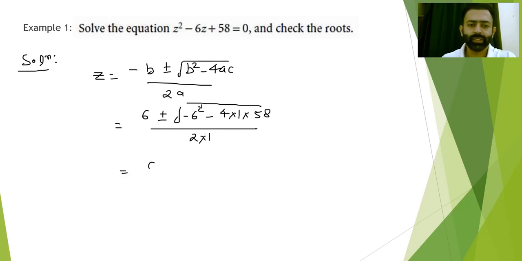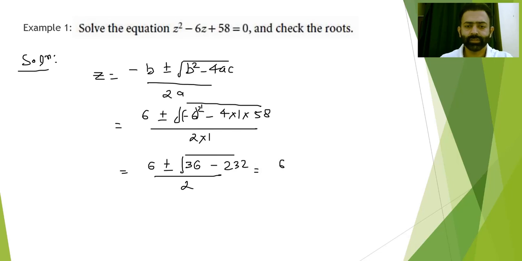So this is 6 plus minus the square root of 36 minus 232.